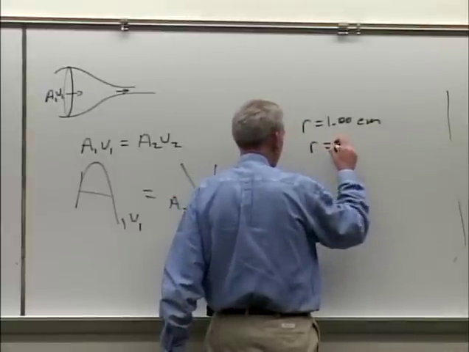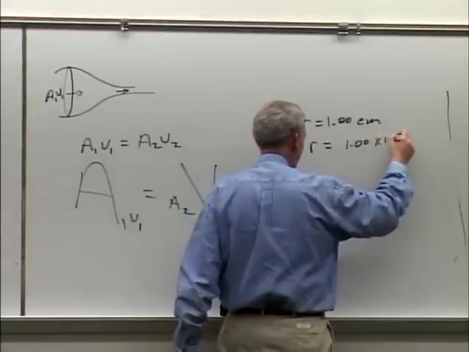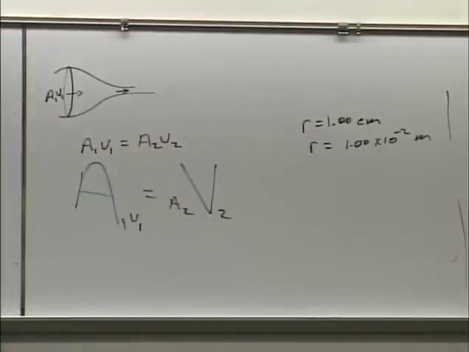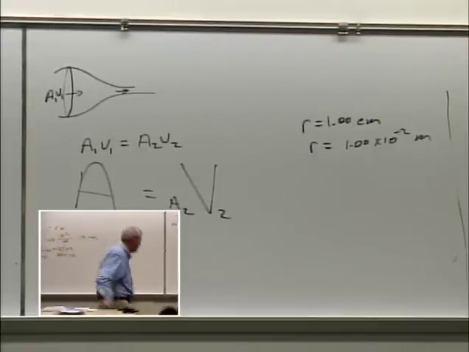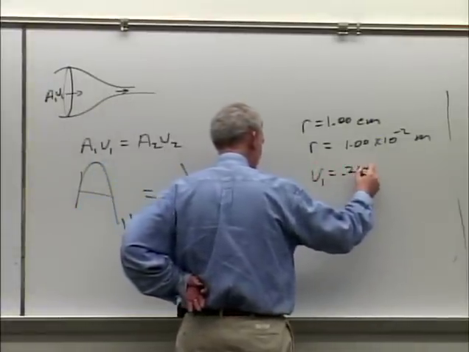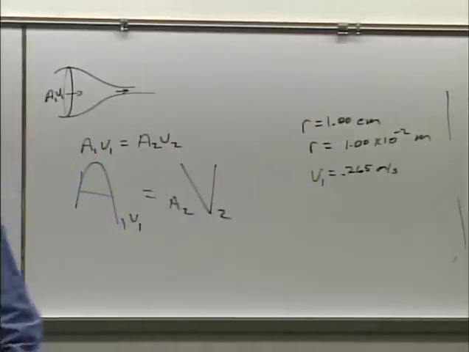So R equals 1.00 times 10 to the negative 2 meters. And V1 equals 0.265 meters per second. They want to know what its velocity is.